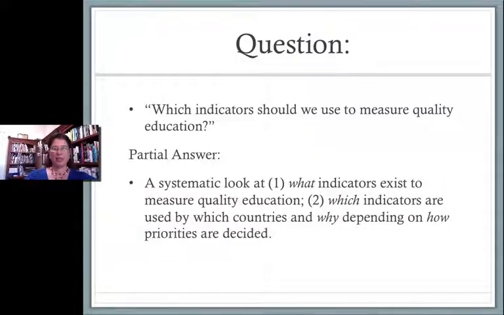We figured if we took a systematic look at what indicators are already being used to measure quality in education, and then looked at which ones are chosen by which countries at what moments in their history, and why, based on how they've determined priorities, we would have a better global framework from which to approach this question for any country at any stage of progress in measuring quality in education.